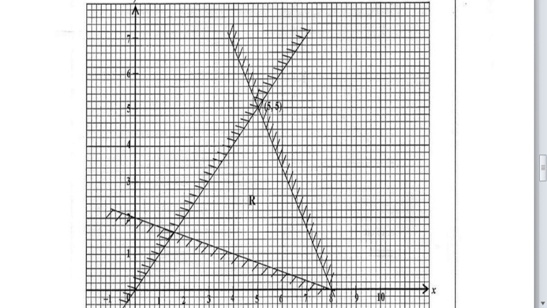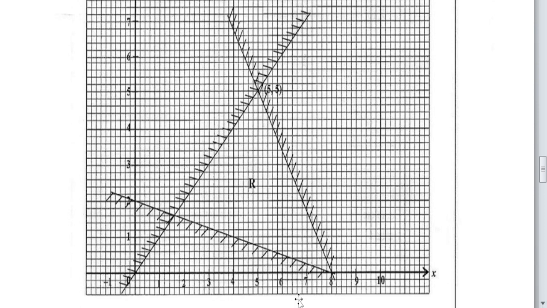Then the question is, as usual, asking you to find the inequalities that define the unshaded region R. You write down 3 inequalities that define the unshaded region R. So how are you going to find those inequalities? That one is for you to try out.